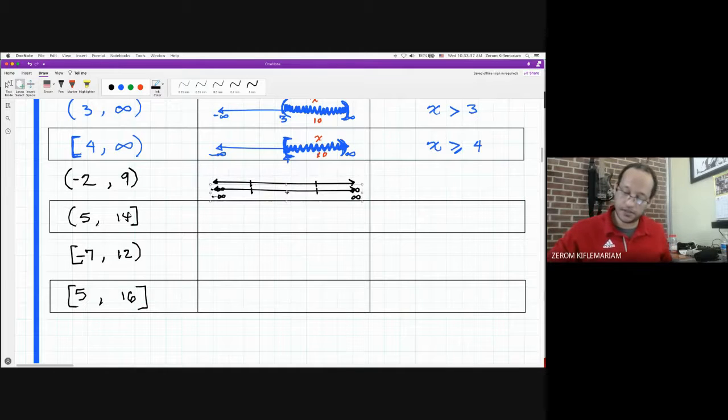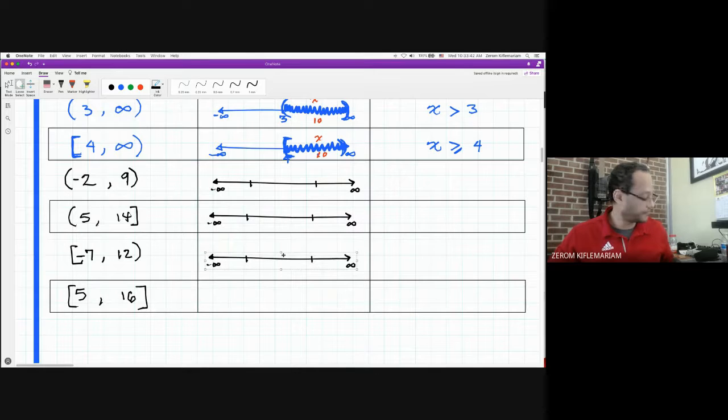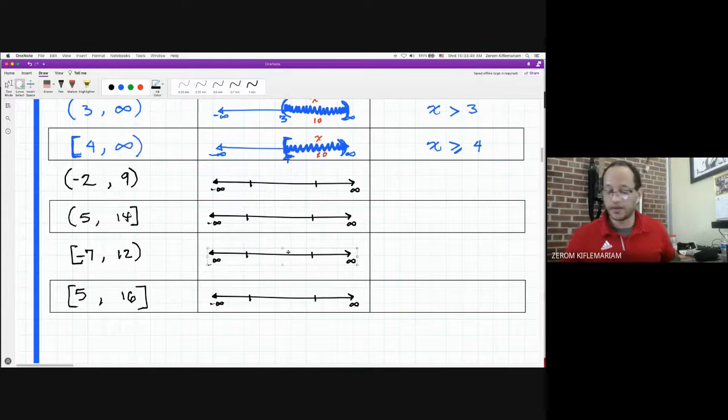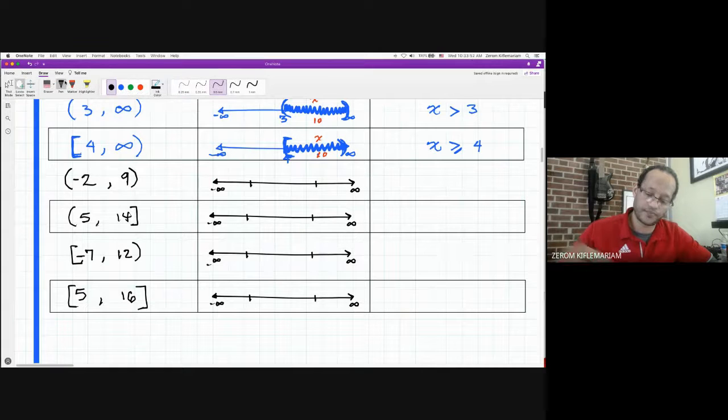Copy and paste it, bring it here, copy and paste it. On the first one, I'm only interested between -2 and 9, and it tells me shade between -2 and 9.